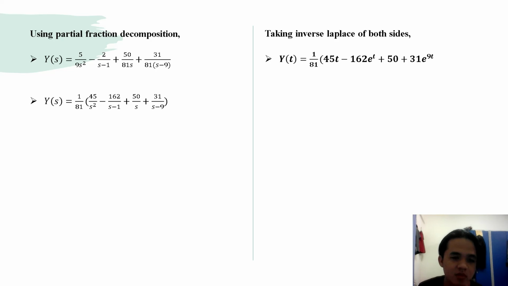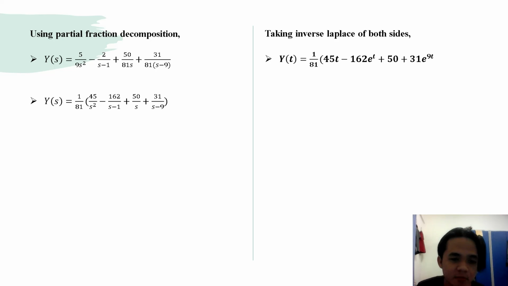The equation will be 1 over 81 in bracket 45 over s square minus 102 over s minus 1 plus 50 over s plus 31 over s minus 9.